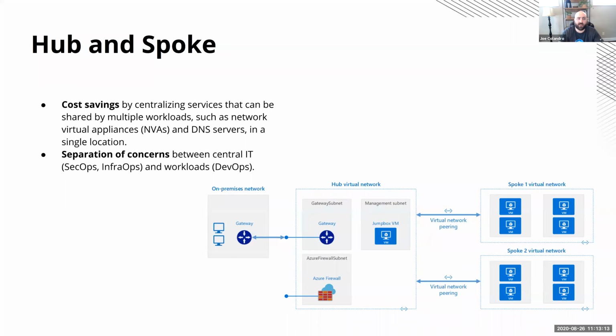And these spokes need access to some sort of shared services: DNS, IPAM, directory services and Active Directory, NTP, these kinds of services that lots of things in the network need access to. But that hub also not only houses shared services, but is the connectivity point back on premise.